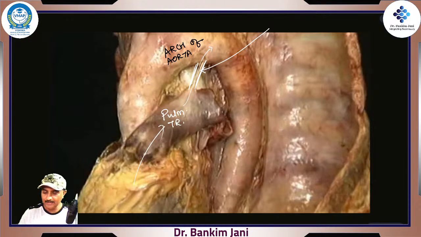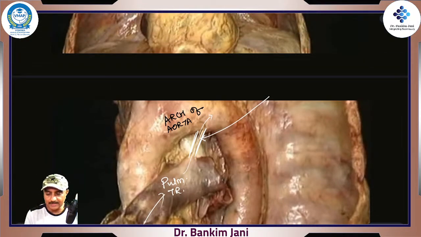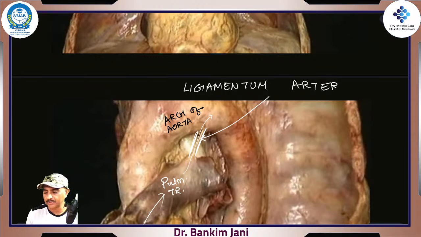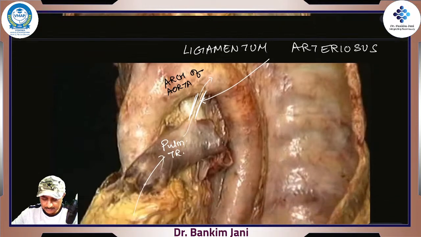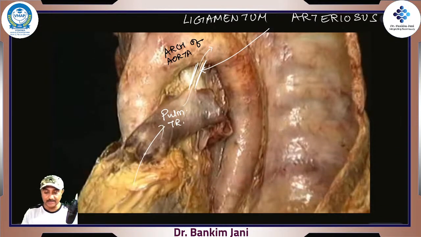And this one, so very rightly said, this is ligamentum arteriosum, correct? Ligamentum arteriosum, which is a remnant of ductus arteriosus. Perfect. Other structures which are just near to it, right? So this pulmonary trunk, it's something like this.